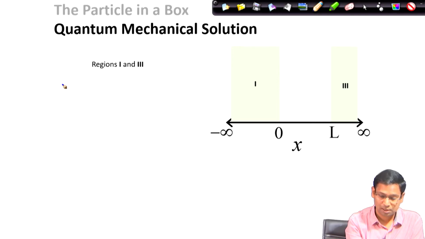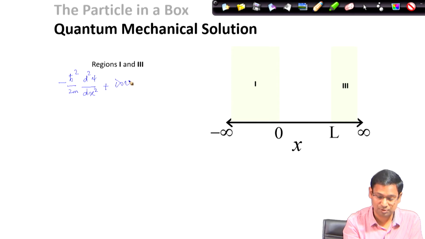Here we would write down the Schrodinger equation H psi equals E psi, where the kinetic energy is given by T psi plus V psi, and V, the potential energy, is infinite, which gives me E psi.